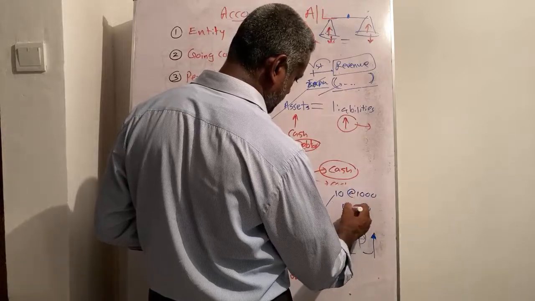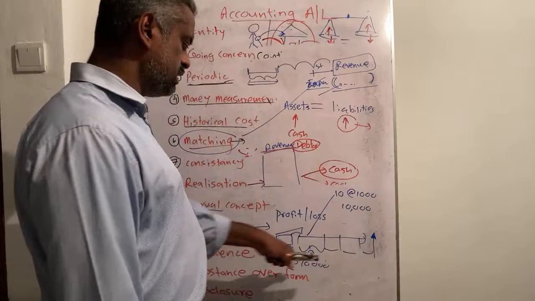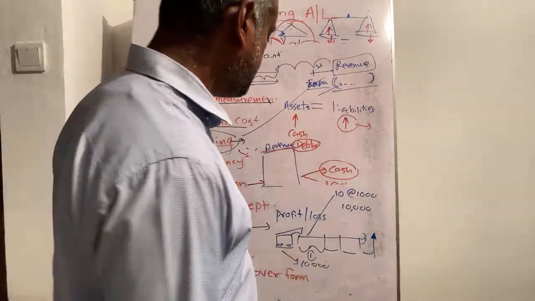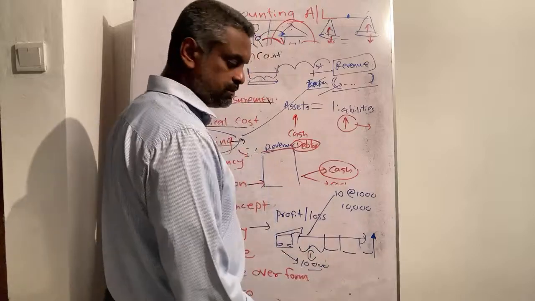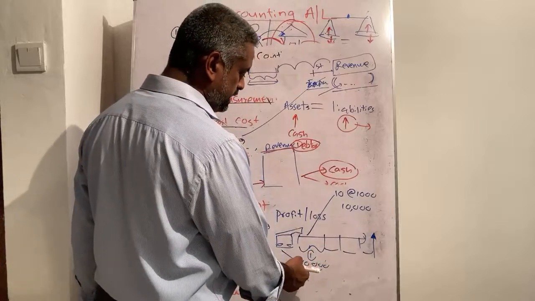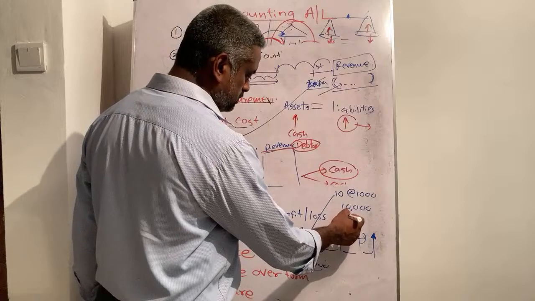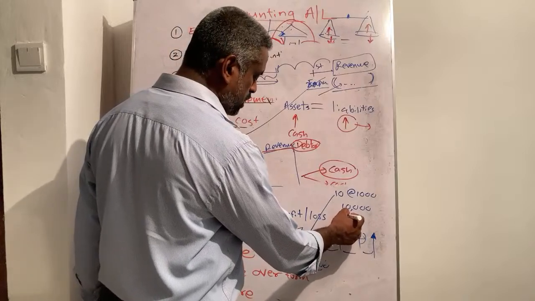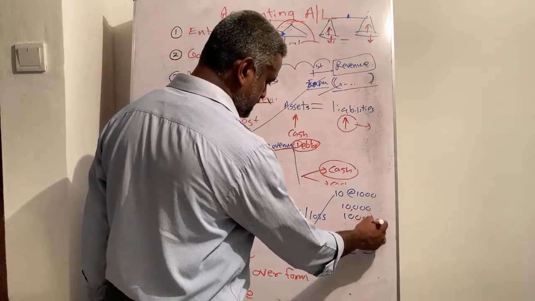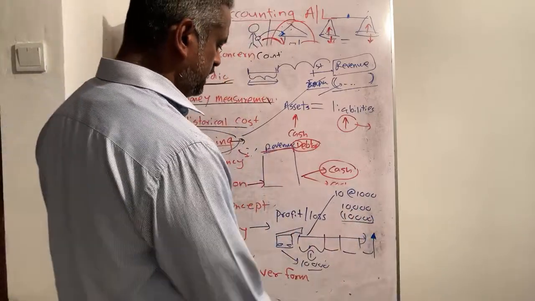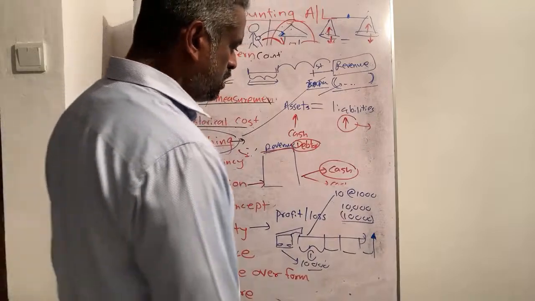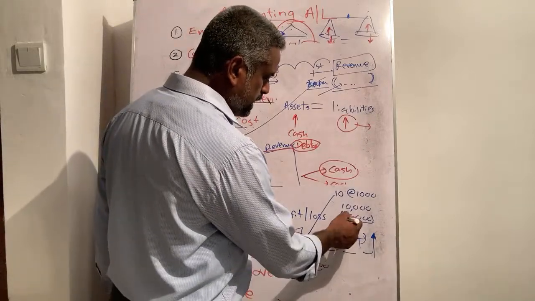That is the revenue you earned during the first year. And you have also paid 10,000 for the puncher. Then the entire 10,000, you are going to deduct here as expense, right?